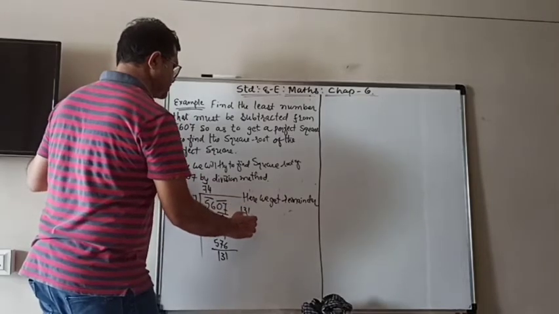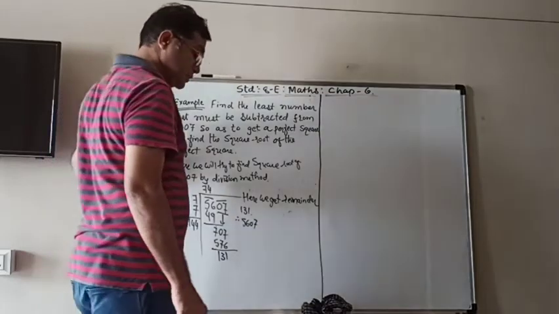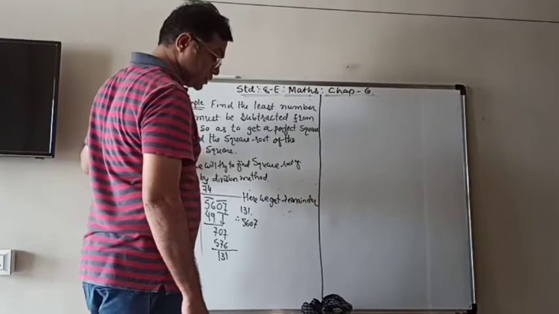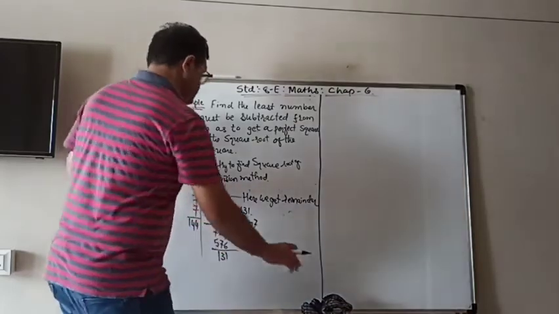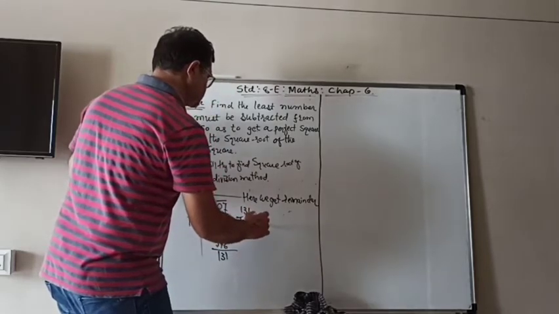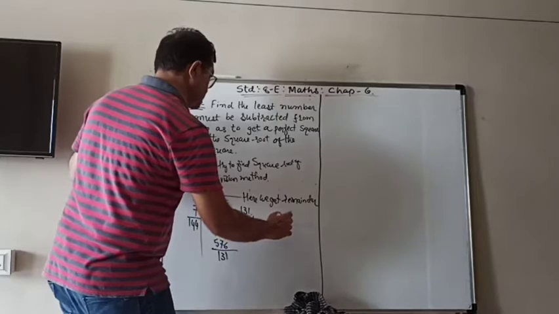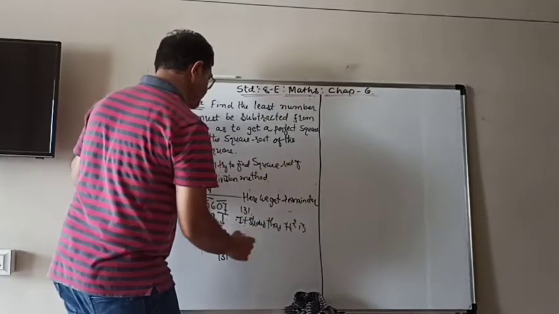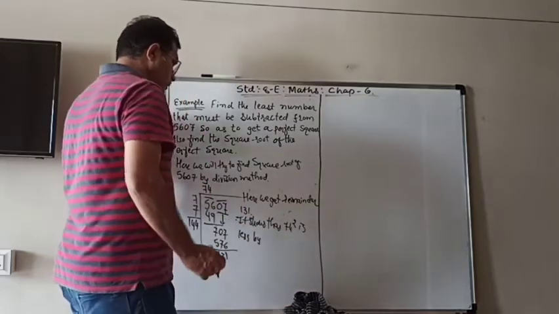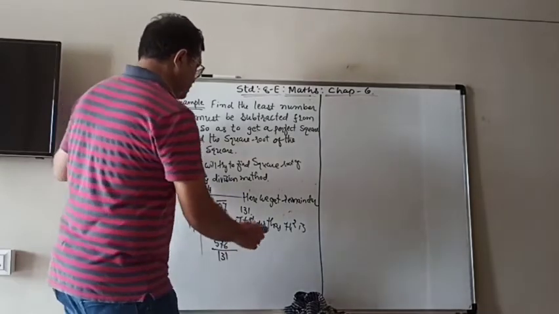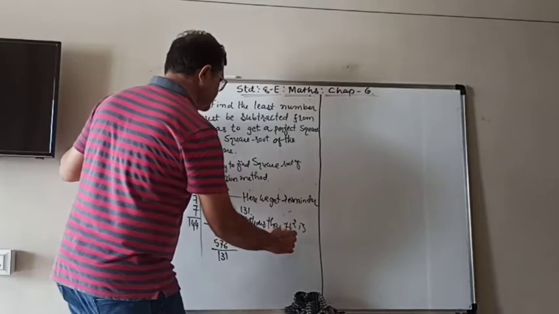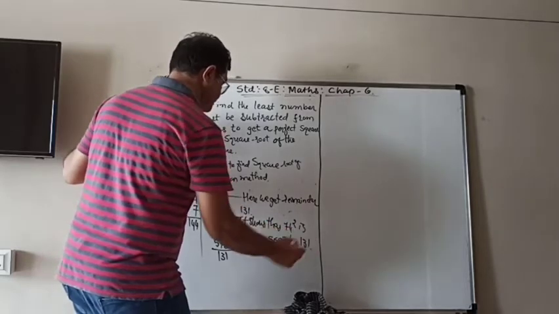Therefore 5607 is not a perfect square, as we know. So it shows that 74 squared is less than 5607 by 131.